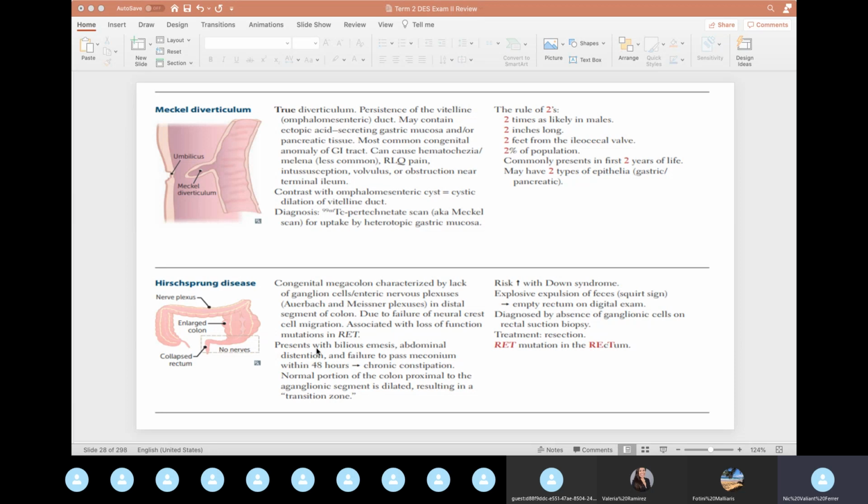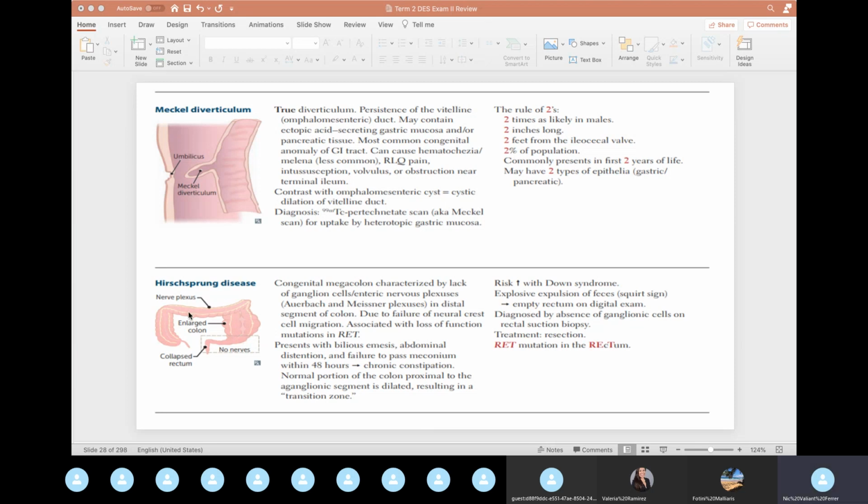So what can we see? Bilious emesis, so they vomit with bile. Abdominal distension, failure to pass meconium within 48 hours. That's high yield. In the vignette, failure to pass meconium within 48 hours. That's why you have chronic constipation. So you can see here you have a normal part of the colon. You have nerve plexus there. Then suddenly you have an enlarged colon, right?